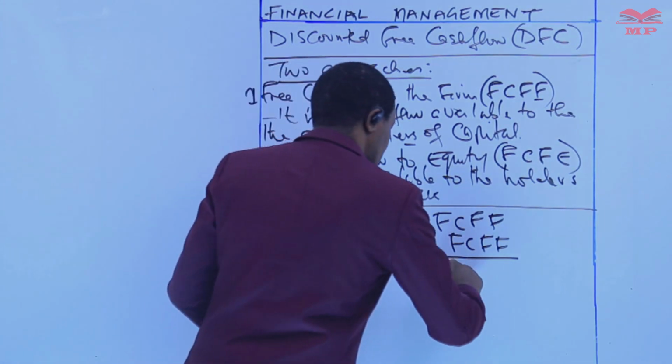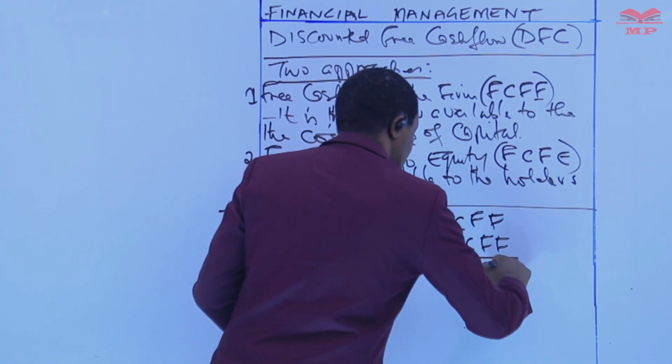That will be 1 plus the weighted average cost of capital.